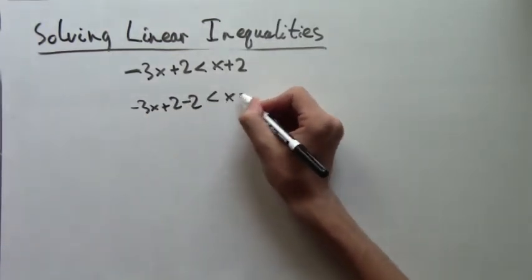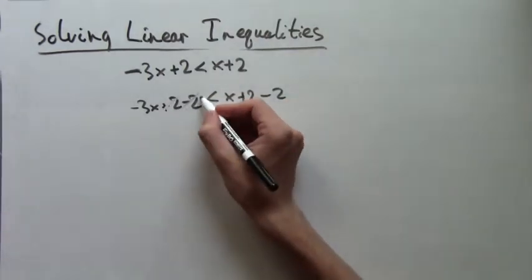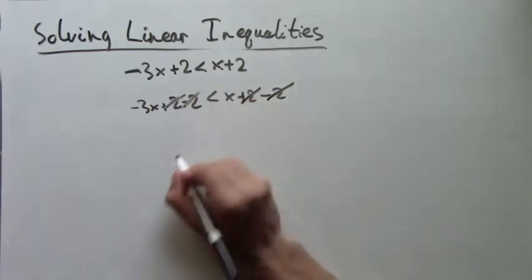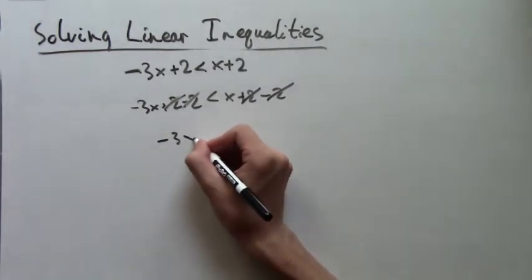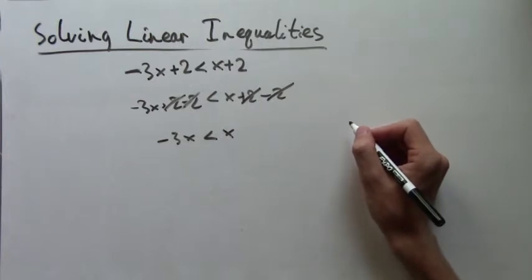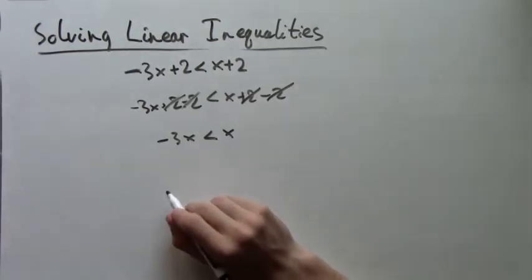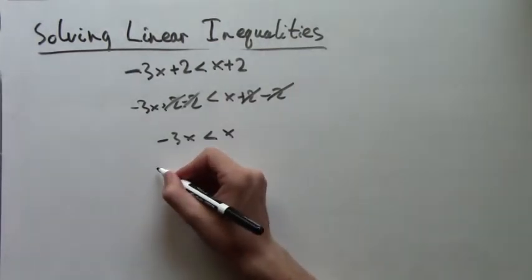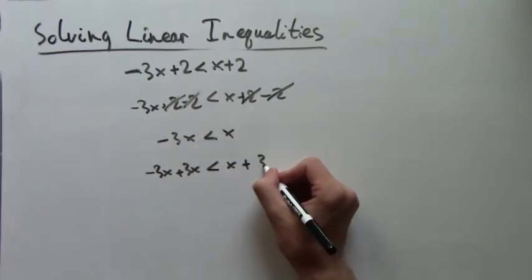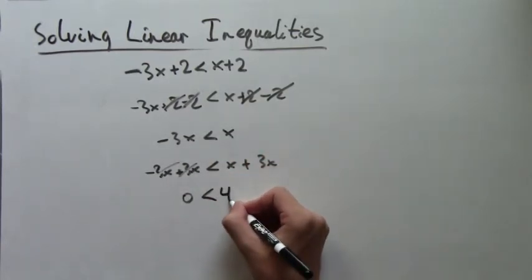Now notice, this is exactly the same as with a linear equation because we're not multiplying by a negative number, we're just subtracting a number. So this simplifies our inequality to -3x less than x. So now we want all the variable x on one side. So we'll just add 3x to both sides. One side simplifies to just 0, and the other simplifies to 4x.